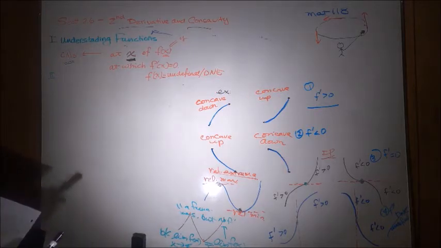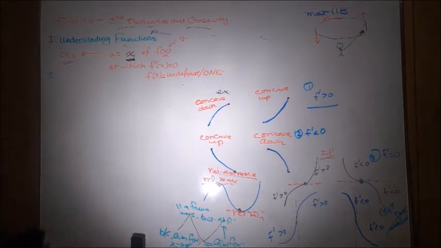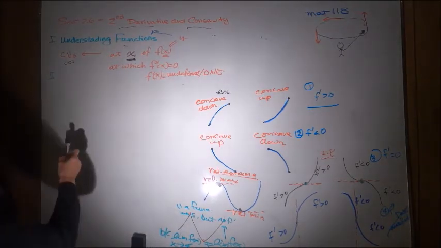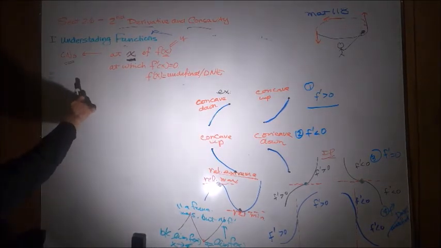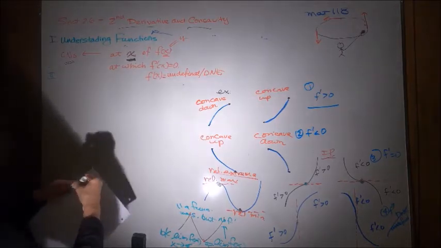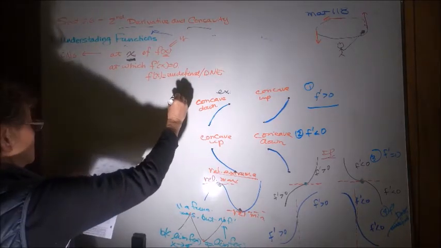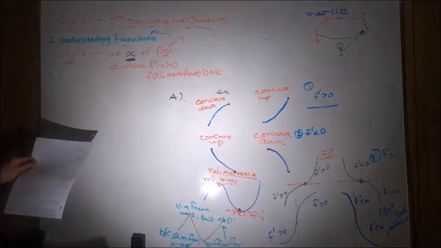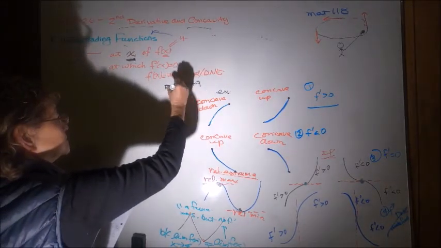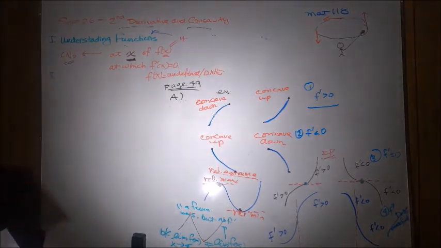So, if f prime bigger than 0, right? So that's a talk about concavity and IPs. So for the concepts, on your page 49, okay, so the concepts are what we are talking about.